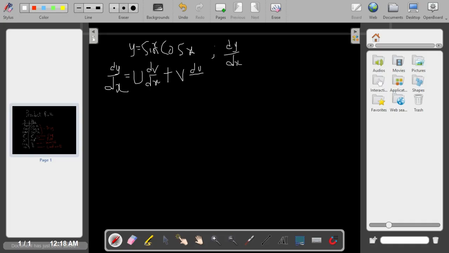But note that it can be reversed. What do I mean by that? It means that it can also be v du dx plus u dv dx. Still the same, because addition brings them together. 2 plus 3 is the same as 3 plus 2, which still gives 5 in both cases.